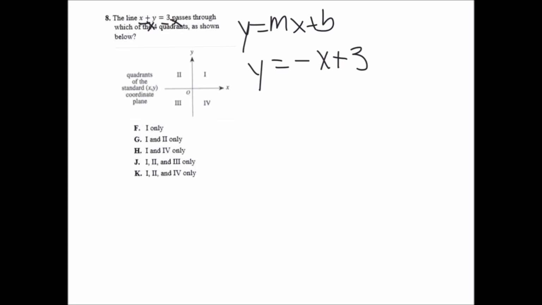So you know that this line crosses the y-intercept at point 3, and you know that the slope is negative, so it's moving downhill like this, which means it's going to land in quadrants 1, 2, and 4 only. Never going to end up in quadrant 3. The correct answer is K.